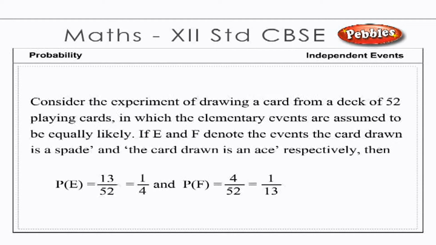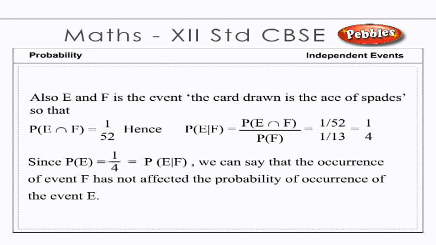If E and F denote the events, the card drawn is a spade and the card drawn is an ace respectively, then P(E) is equal to 13 by 52 is equal to 1 by 4 and P(F) is equal to 4 by 52 is equal to 1 by 13. Also, E and F is the event the card drawn is the ace of spades, so that P(E intersection F) is equal to 1 by 52.